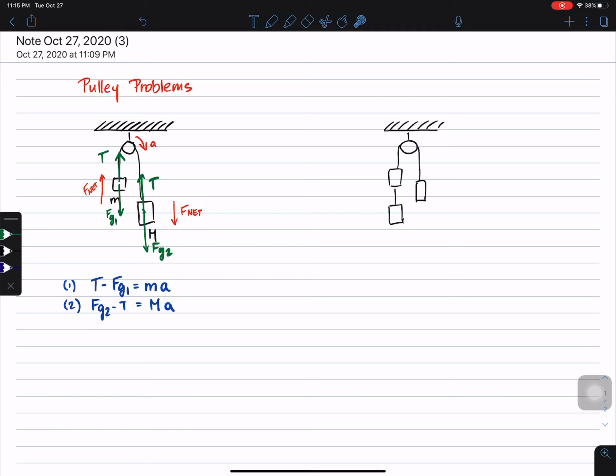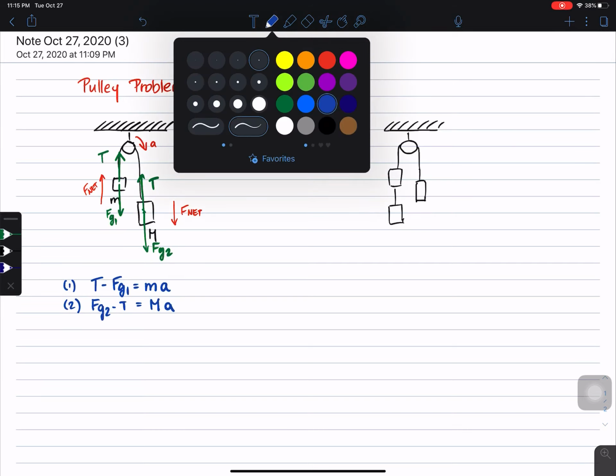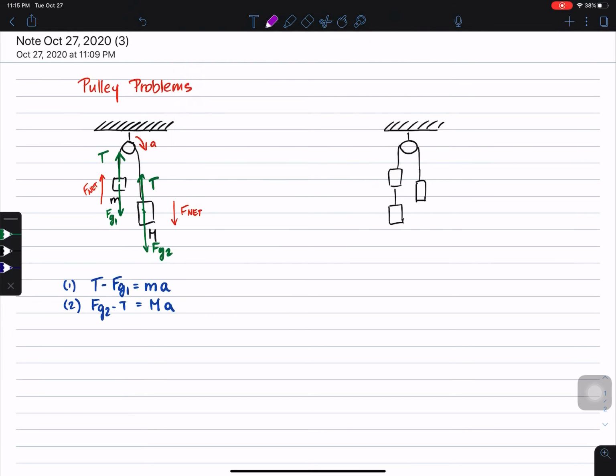So now let's look at this question here next. And this is where I made things a little bit more complicated. Now we know Fg3, and let's call it tension. So let's call this M3. Now, here's the trick.